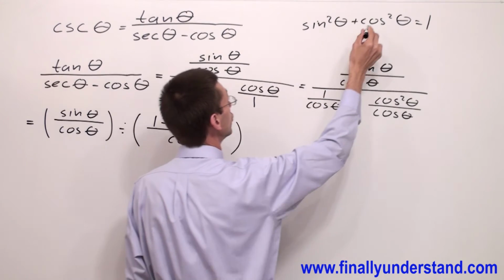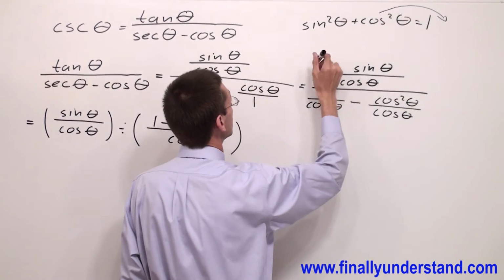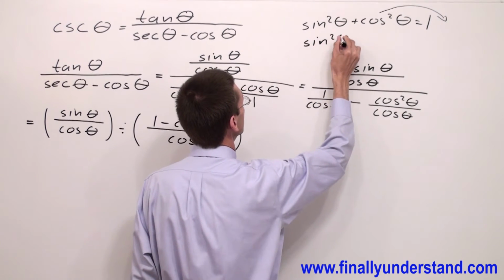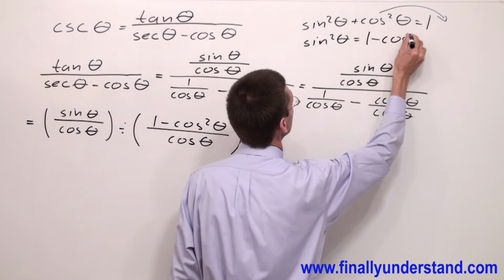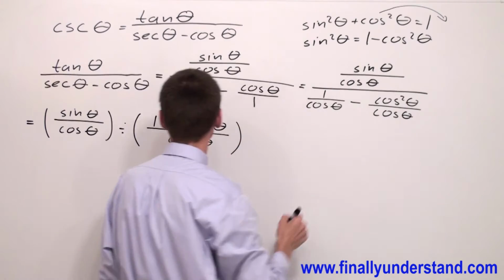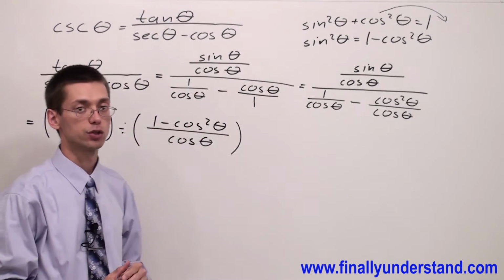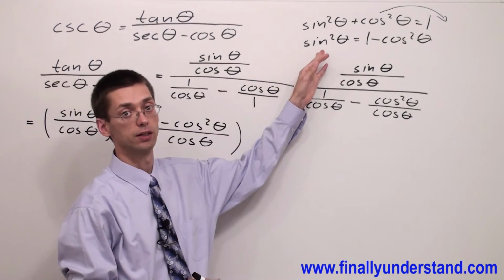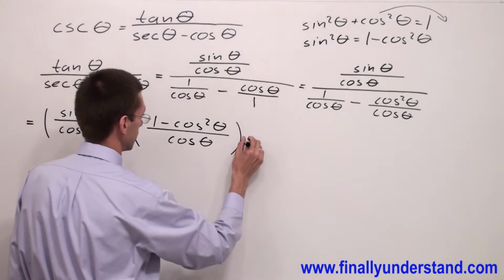Now, if you are going to move cosine squared theta to the right side of this relation, you are going to end up with sine squared theta equals 1 minus cosine squared theta. So instead of 1 minus cosine squared theta, I'm going to write simply sine squared theta. So let's do it.